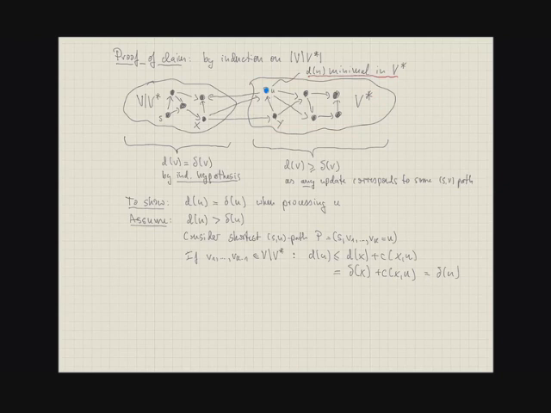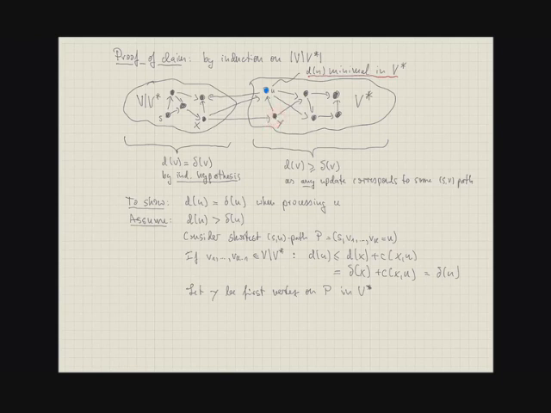So among all these vertices, let us pick the one that is first on the path. What I mean is, let y be the first vertex on P, in the order in which they appear on that path, and then in V star, so among the unprocessed vertices. In our case, that is exactly this vertex y.